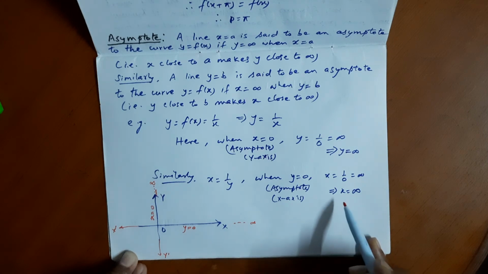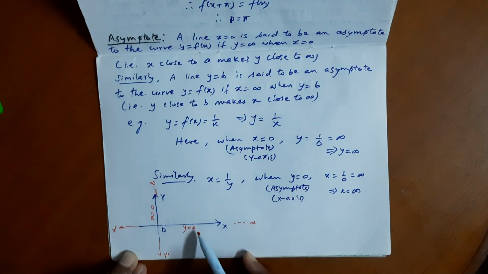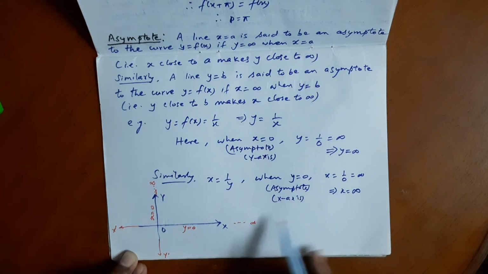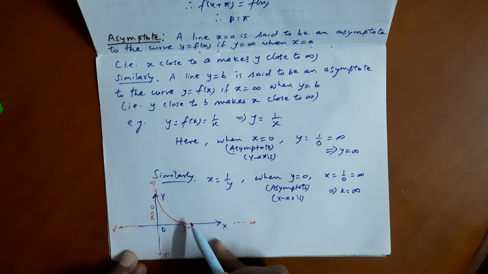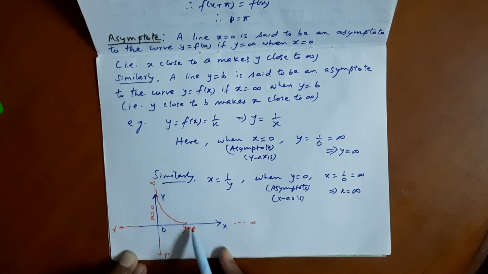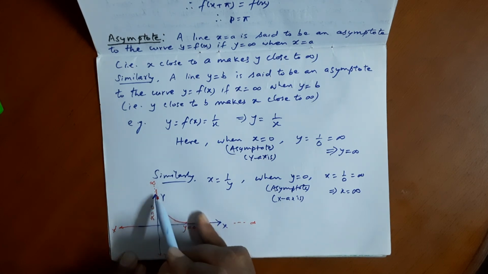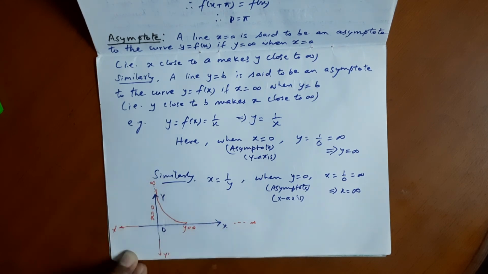Similarly, y equal to 0, x equal to infinity means it touches the x-axis only at infinity. The curve will be like this. It tries to touch the x-axis but doesn't touch at a finite distance, it only touches at infinity. It tries to touch very close to the y-axis but goes up to infinity.